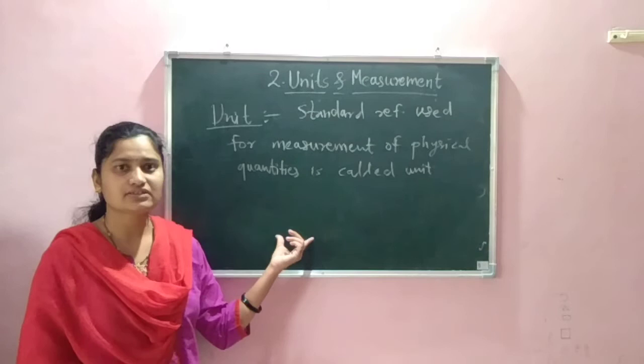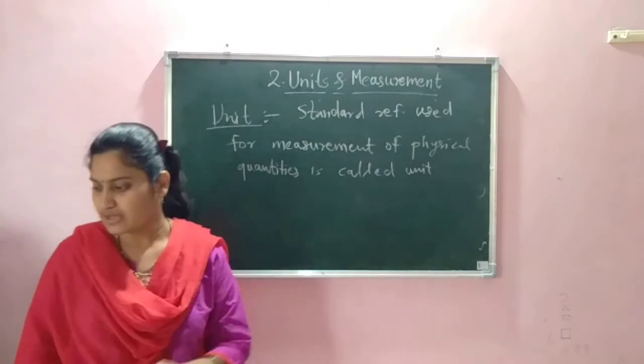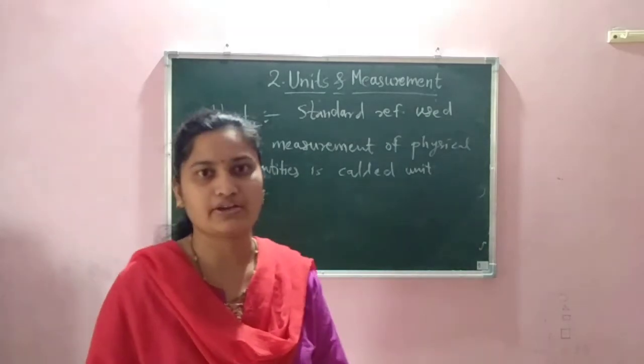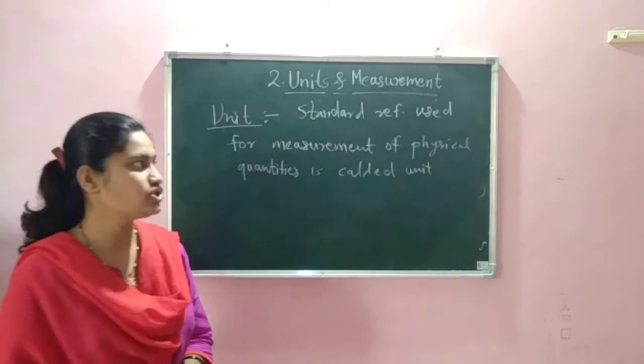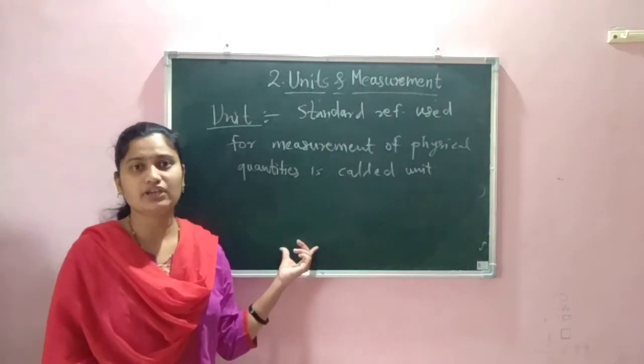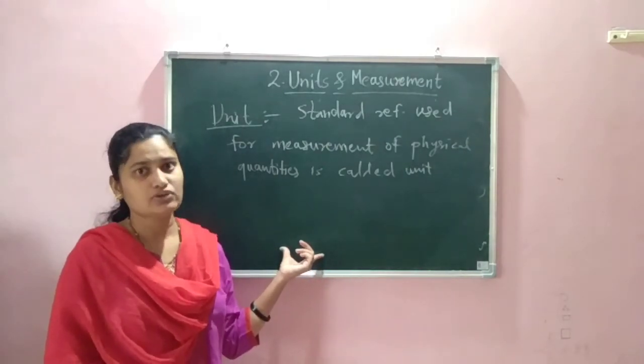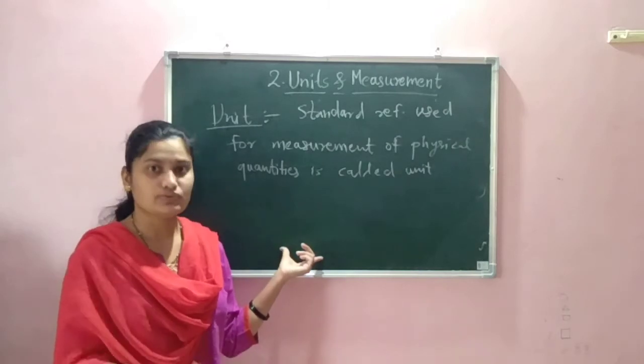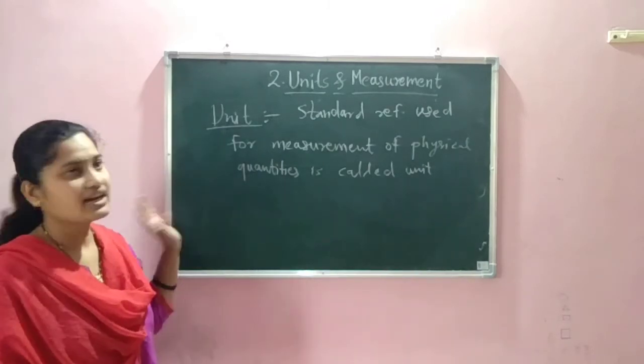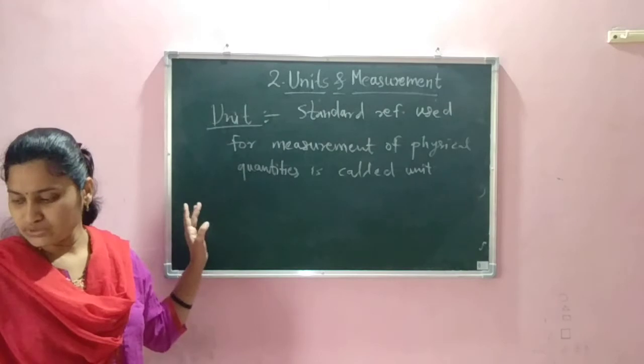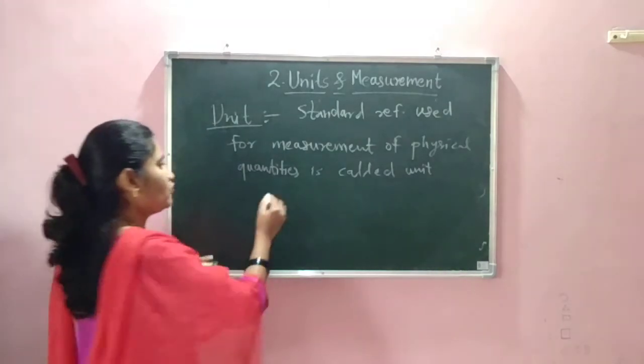Let us discuss the characteristics in short. It should be well defined, it should not change with time, it should be internationally accepted, and it should be reproducible. Now the system of units. What does it mean?